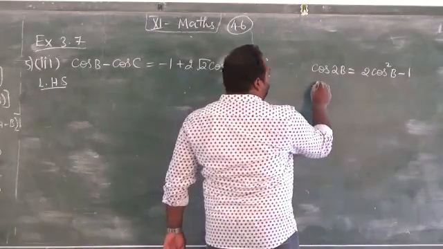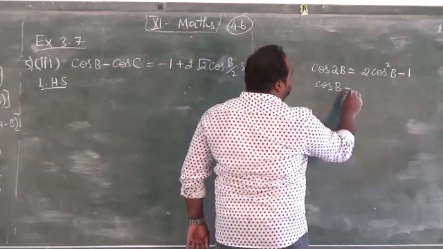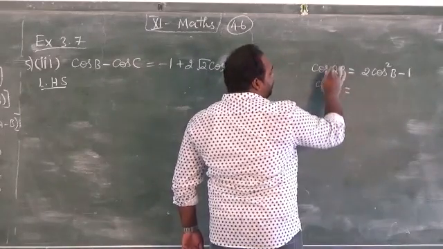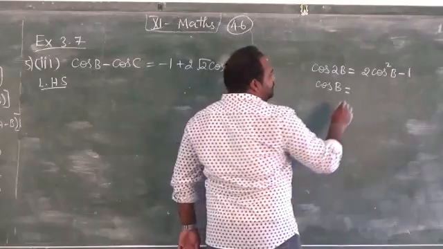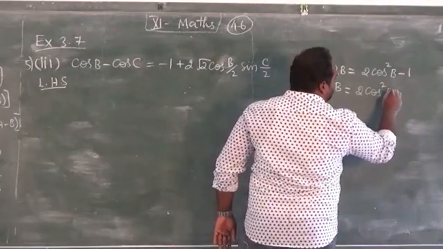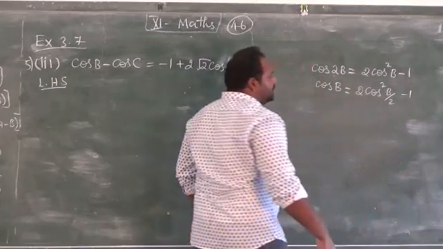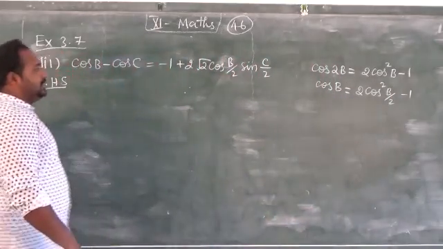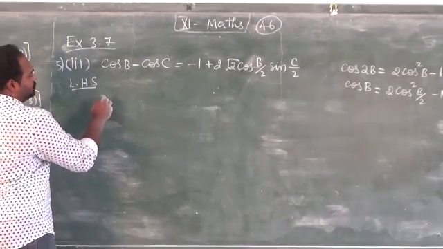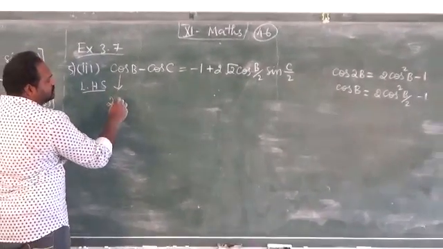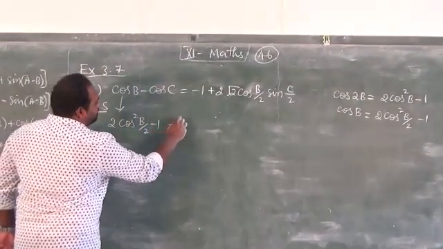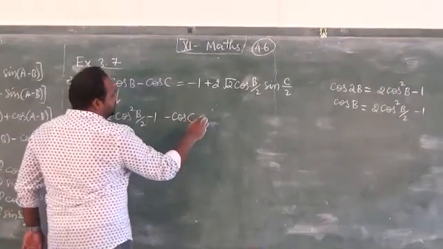So if you want to find the half angle formula for cos B, if you reduce half from this angle, the other side will be 2 cos square B by 2 minus 1. This is the half angle formula for cos B. So using this formula, first I am going to write 2 cos square B by 2 minus 1 minus cos C.